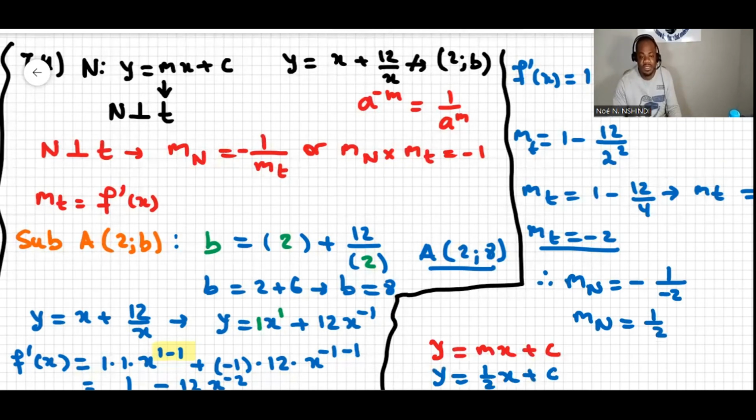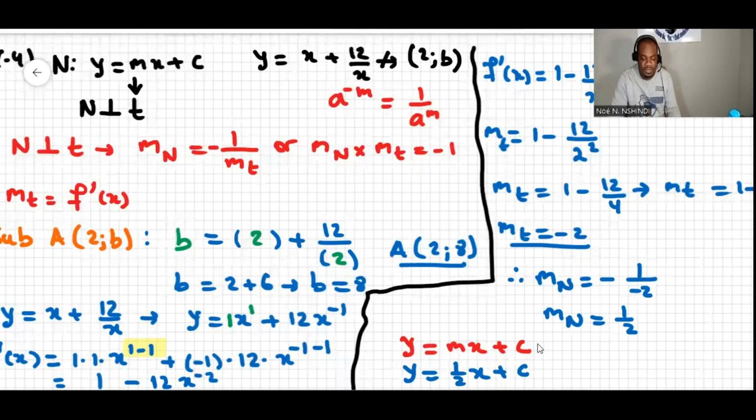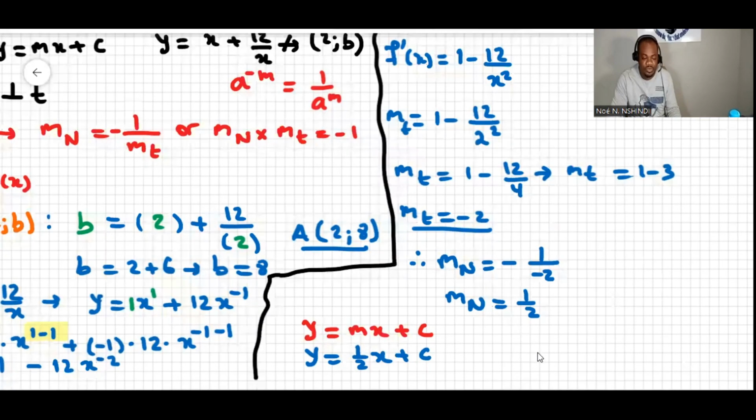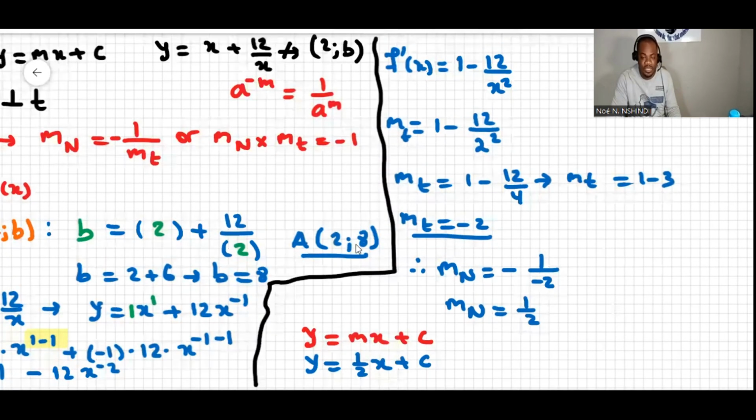Now I want to sub in the point, because this point (2, B) is now the point (2, 8). I sub here 2 for x and then 8 for y.